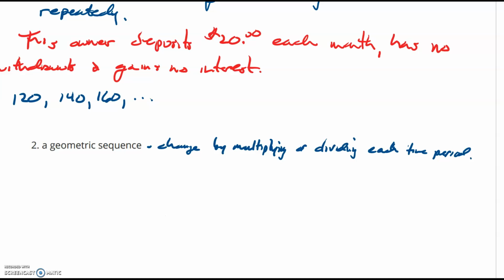So a situation that we could see with a savings account is, let's suppose that the owner gains 10% interest each month.